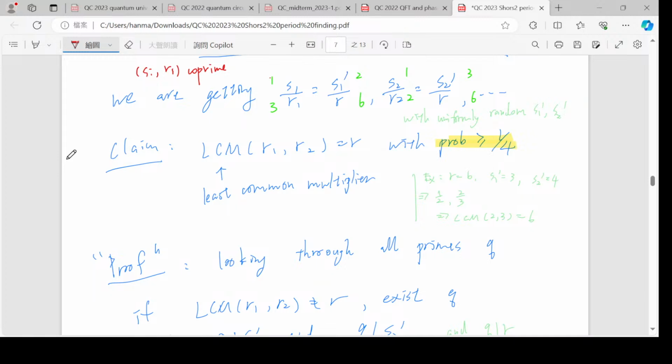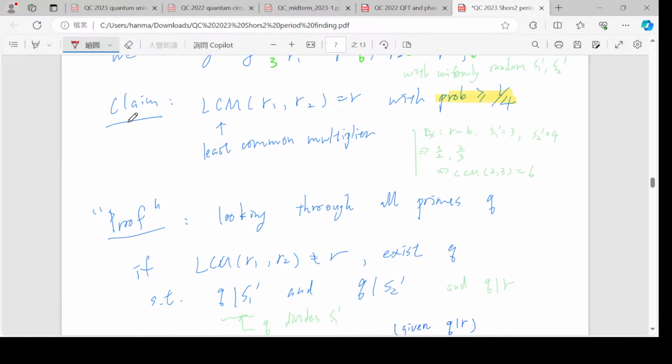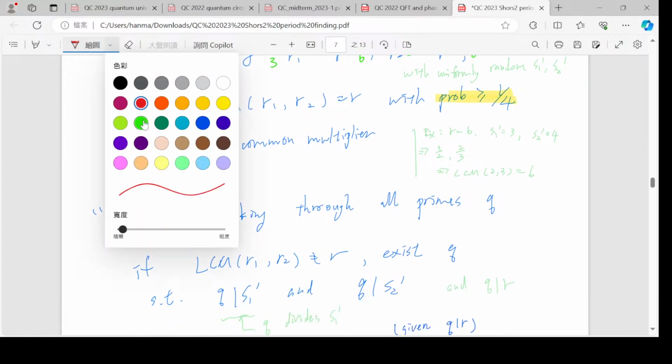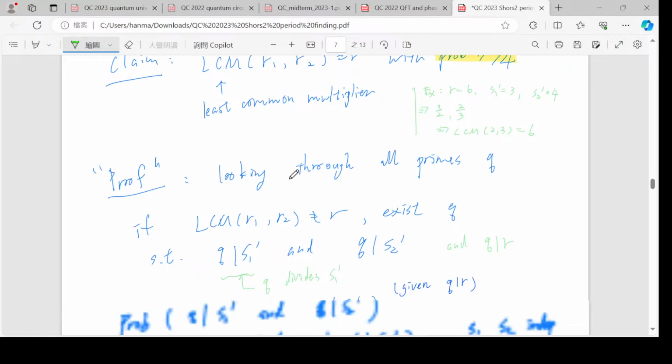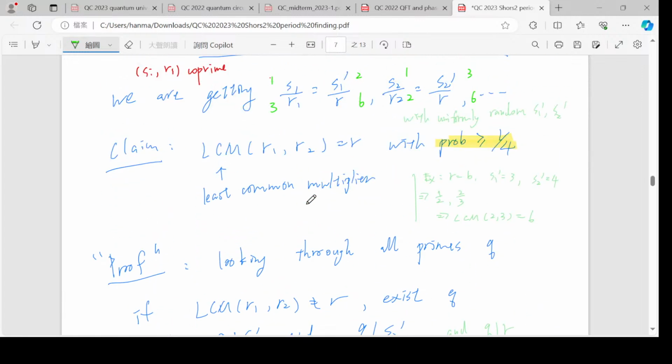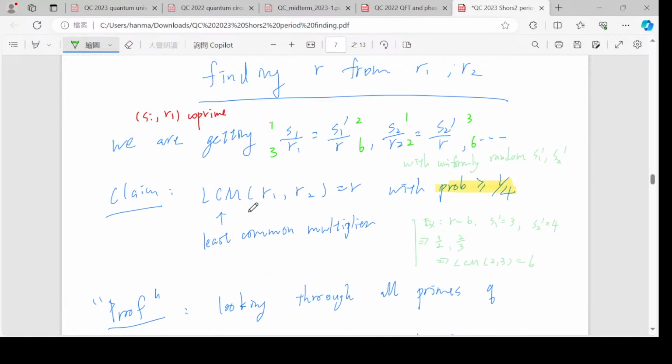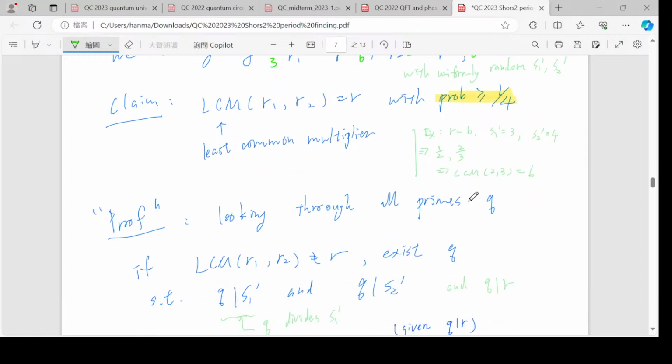The proof, which is a little incomplete, is this. We basically go through all possible primes Q, and see whether your R1 and R2 are bad with respect to that Q. I guess the second line is more important.